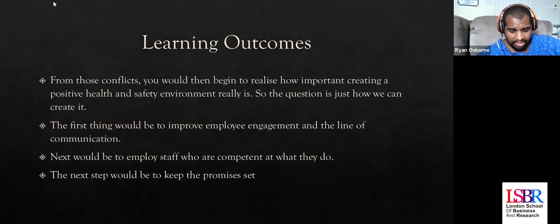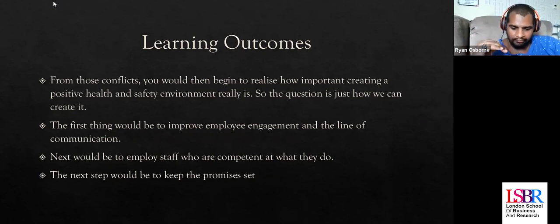And the next thing about that is, ideally, you just want to keep the promises that you set. How many times have you been in a situation or in an environment where the boss has said, by June we're going to have a certain amount done, and then June comes and nothing is done.